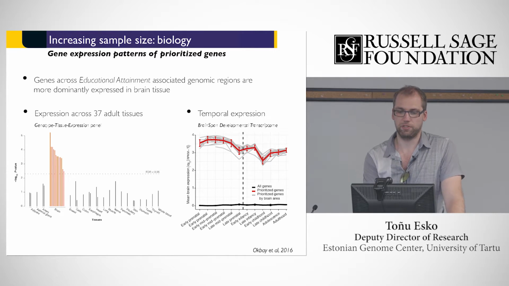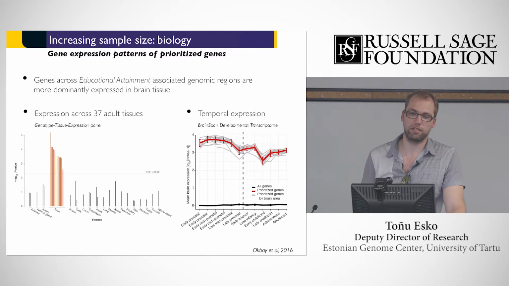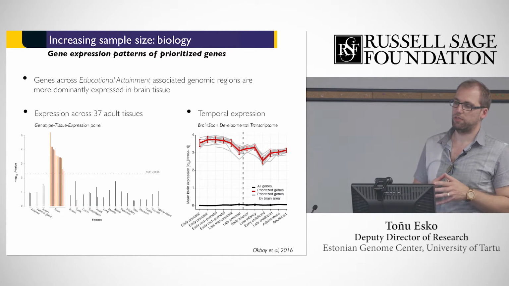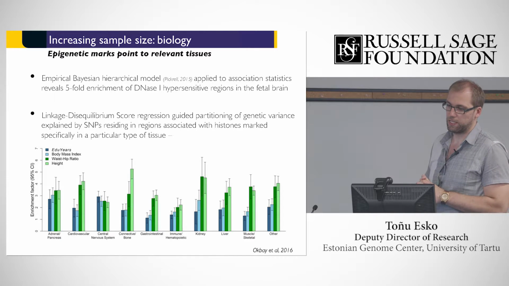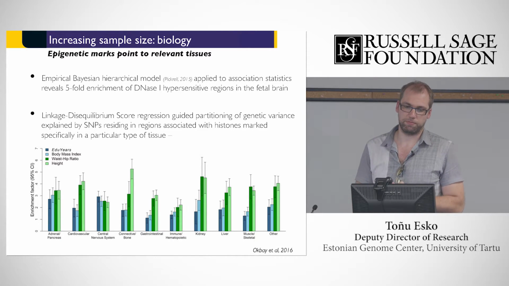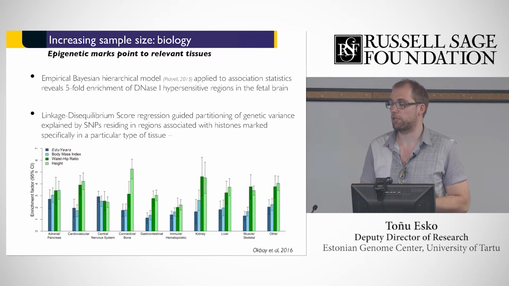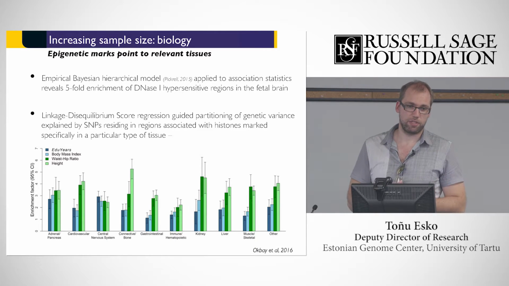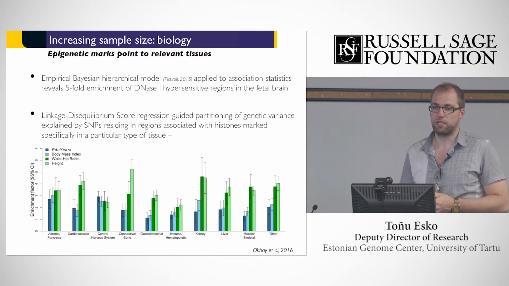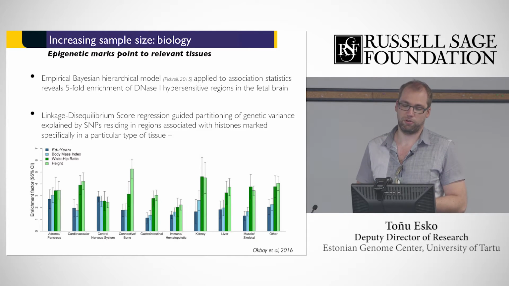But this is using the gene expression, and we can ask the same question: can we identify relevant tissues using the epigenetic marks, which I again briefly touched on in my previous lecture? There are a set of different epigenetic marks which are specific for different tissues.